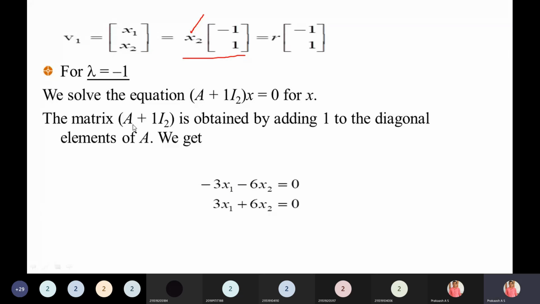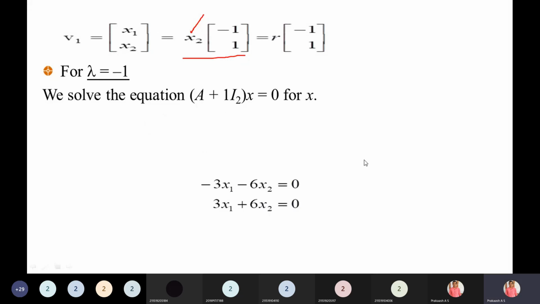The matrix A plus I2 is obtained by adding 1 to the diagonal elements of A. So we get the system of equations minus 3x1 minus 6x2. How are we getting that? What is the A matrix? A equal to minus 4, minus 6, 3, 5.